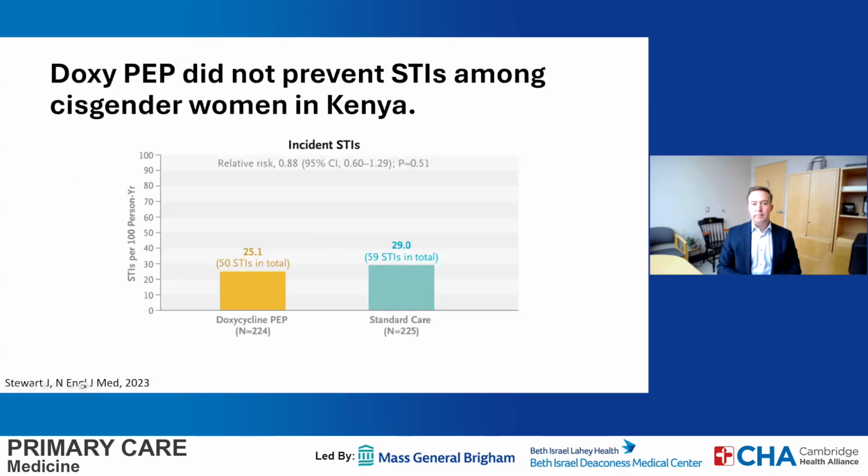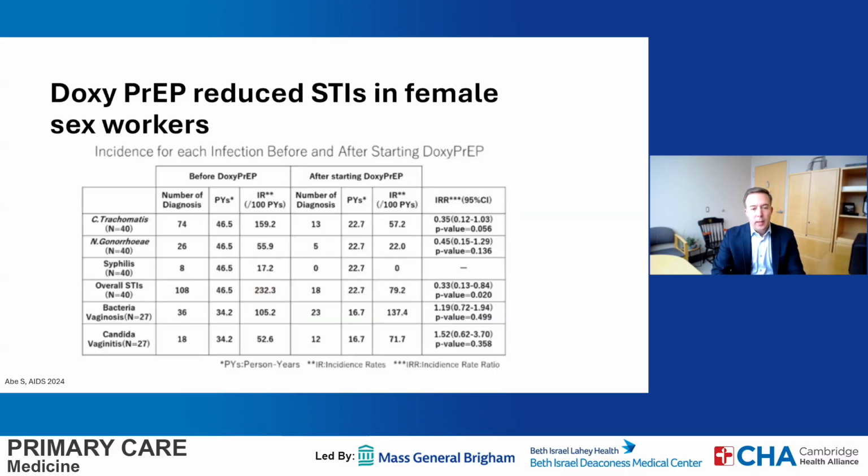Well, as a reminder, doxypep did not prevent STIs among cisgender women in Kenya. Again, we think that's because of low adherence to doxycycline. Pharmacokinetically, we suspect it would work, but in that randomized trial, it did not. That being said, we do have some non-randomized data suggesting a benefit. This is a study of doxycycline taken daily for STI prevention among female sex workers in Japan.